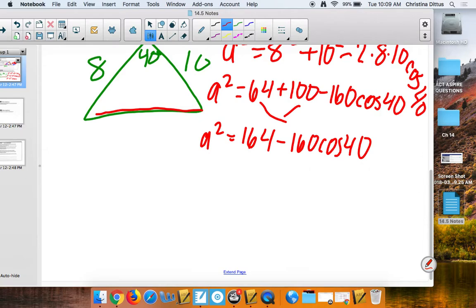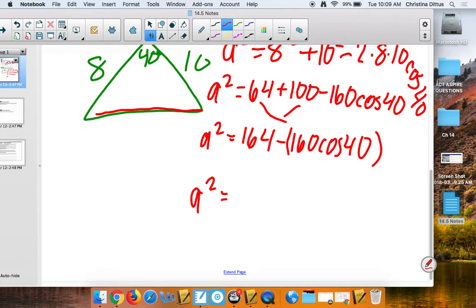Throw that into your calculator. I like to play it safe, so if it were me, I would put this in parentheses, because I get parentheses crazy. Can you subtract the 164 and the 160 and get 4?